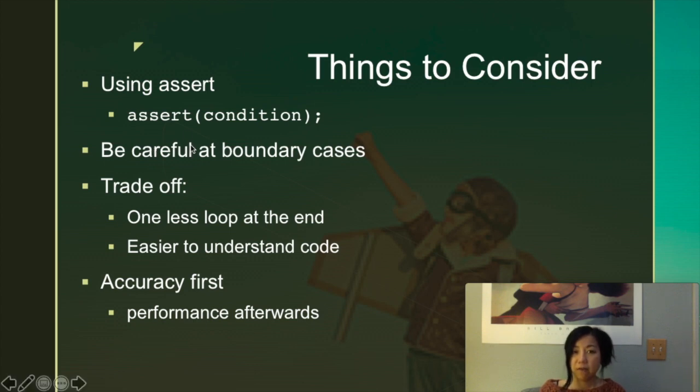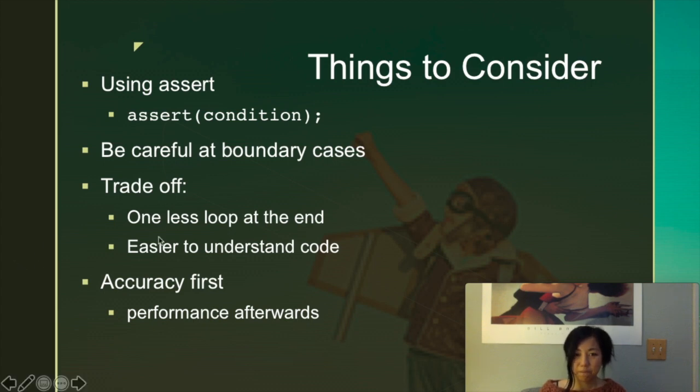Second is be careful of the boundary cases, because I can guarantee you will get into cases in your homework where you didn't catch the boundary case. For example, you lost one number, or you didn't count one less, and so on.